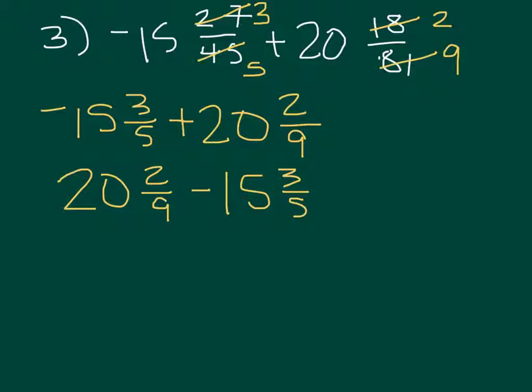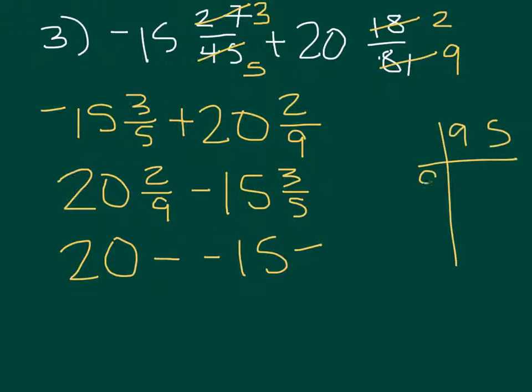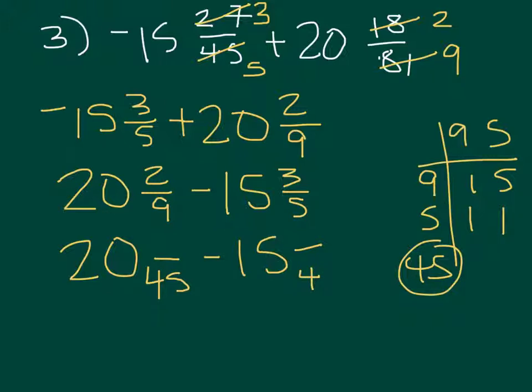And now we can say that the common denominator for these two will be into 9 to 5, 45. So I put here the common denominator 45, and I say, what did I multiply the 9 by to get 45? 5. So I'm going to multiply these times 5, and I get 10.